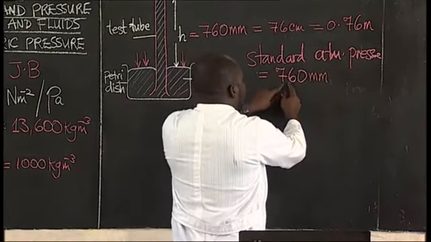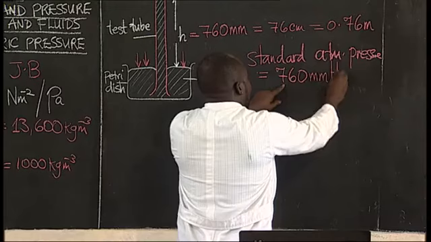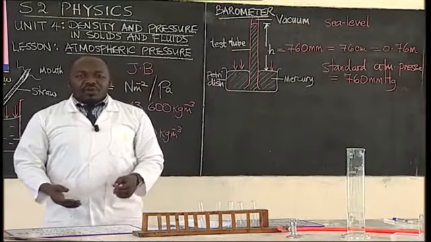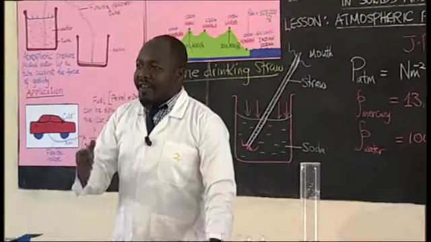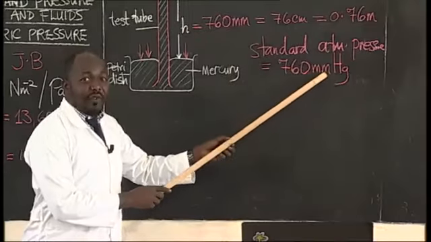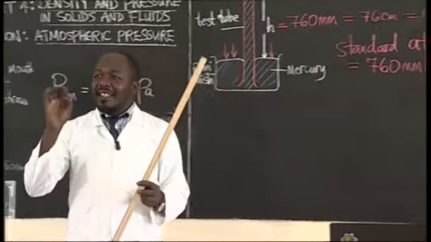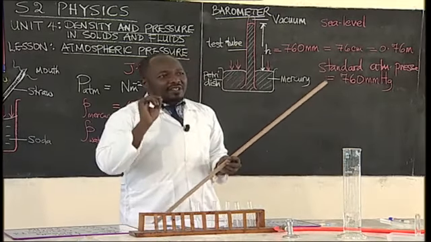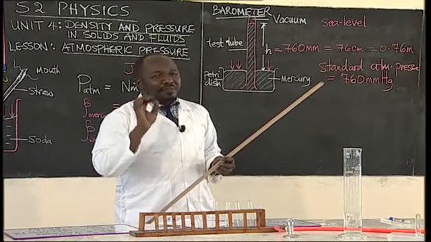And the standard atmospheric pressure is equal to 760. We talk about the height, but the liquid we are using there is called mercury. So we say 760 millimeters of what? Of mercury. And that is the standard atmospheric pressure. 760 millimeters of mercury.